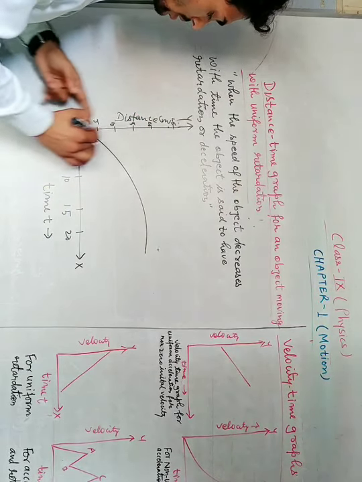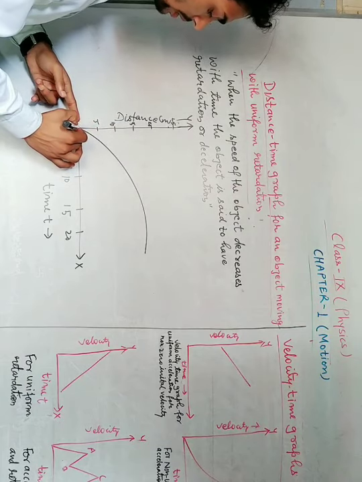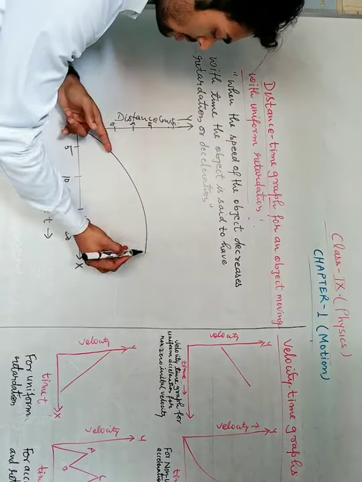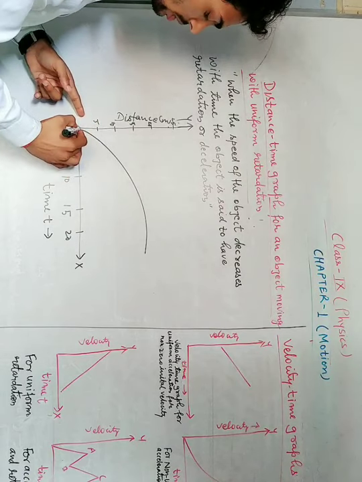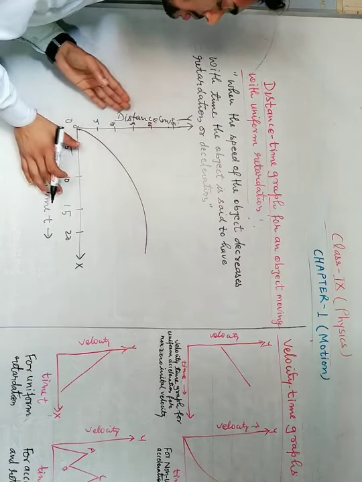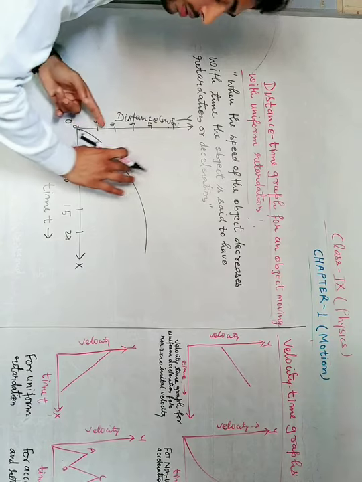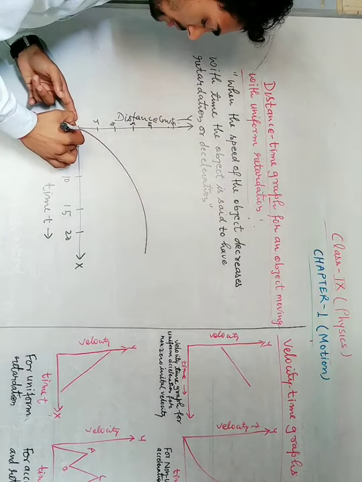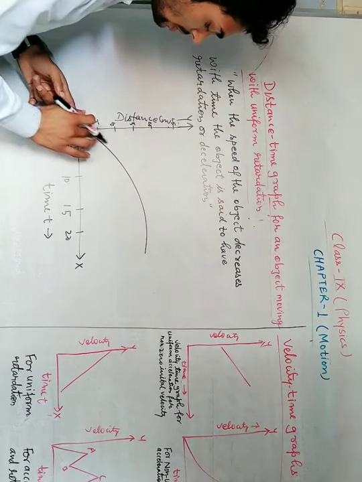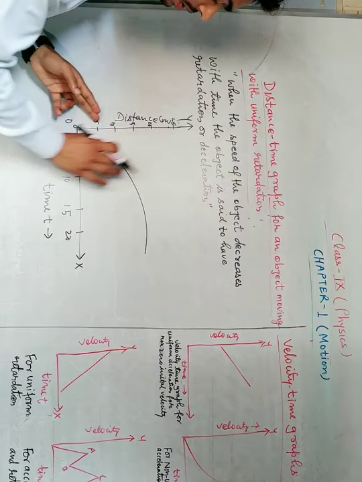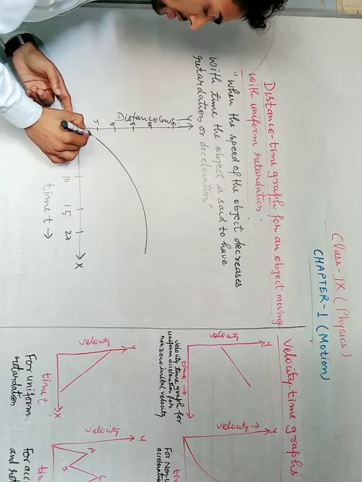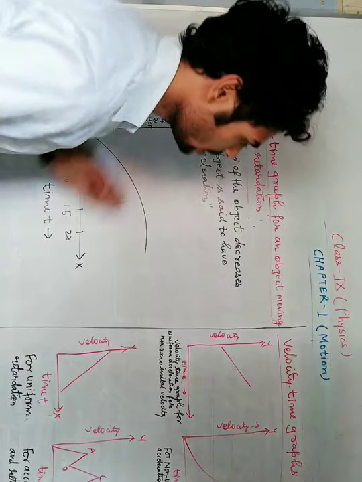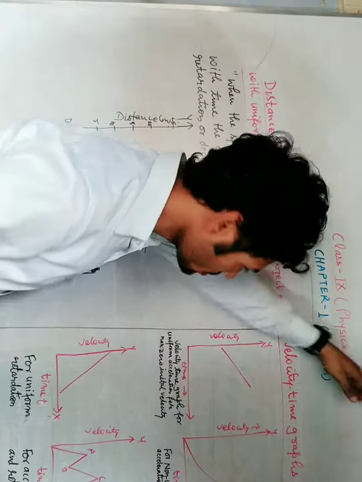First its distance increases, and at last time increases and distance decreases. So we can draw the distance time graph for retardation in this way. Here are different types of graphs for different conditions.